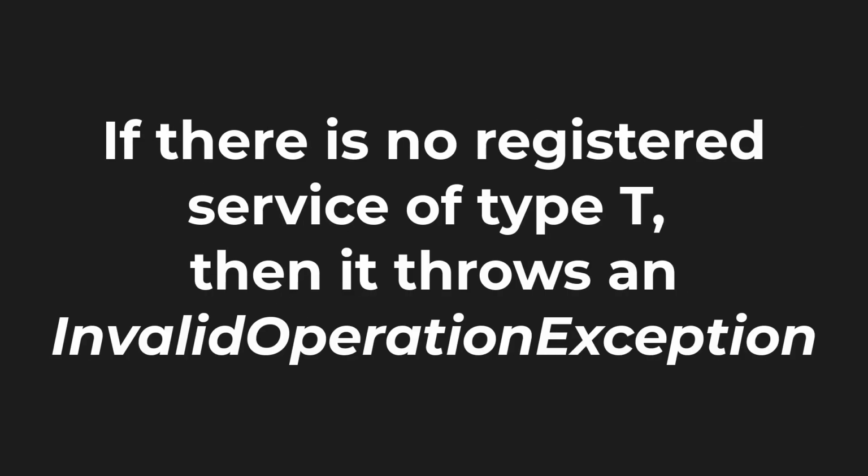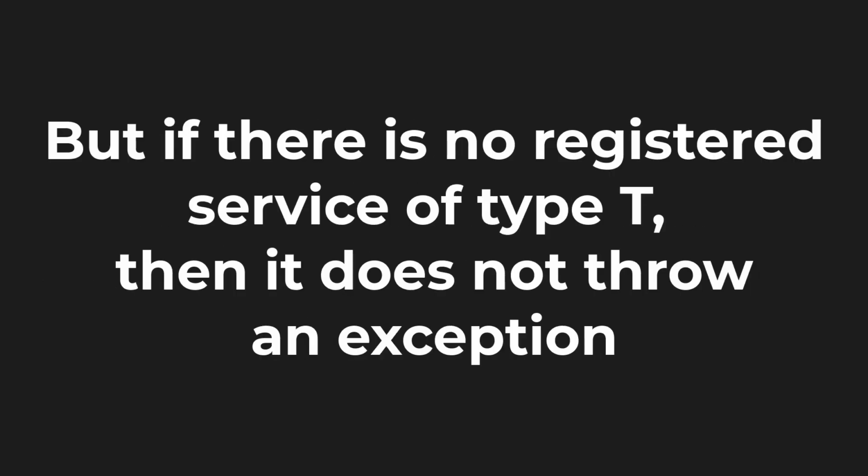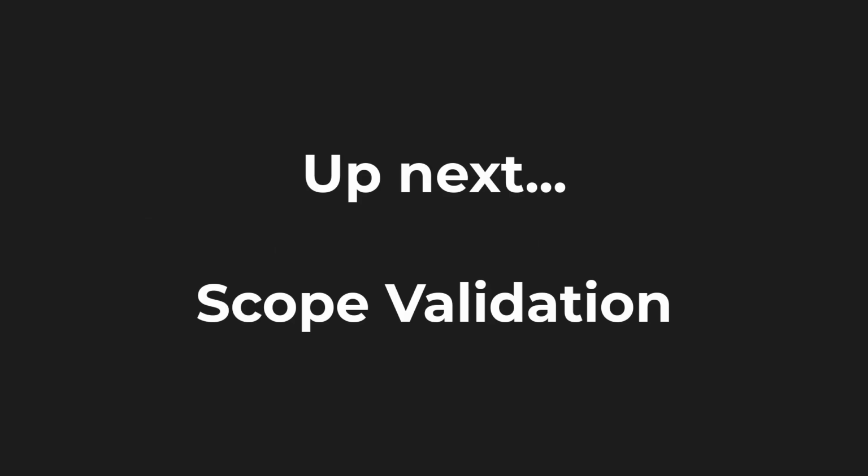If there is no registered service of type service type, then it throws an InvalidOperationException. The GetService method, on the other hand, also returns a service of type service type from the dependency injection container. But if there is no registered service, then it does not throw an exception. It simply returns null. In the next video, we will take a look at scope validation.